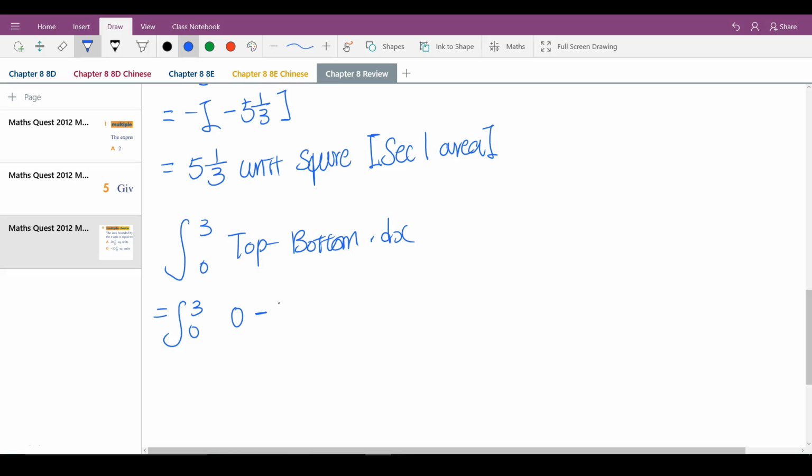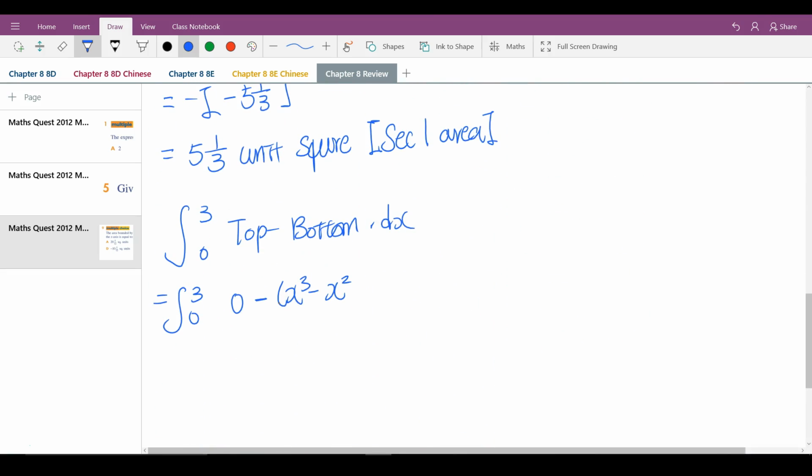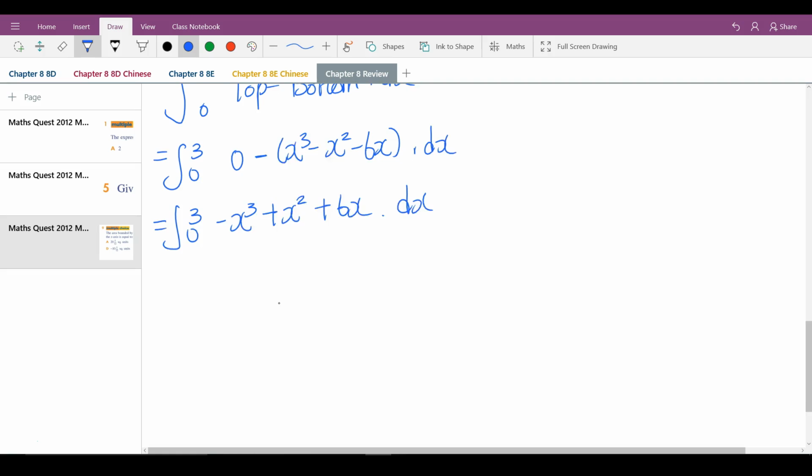So x cubed minus x squared minus 6x. Integrate with respect to x. Expand the bracket. It becomes negative x cubed plus x squared plus 6x. Integrating with respect to x. Let's start integrating.